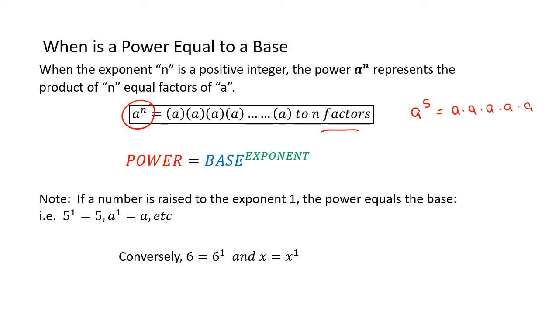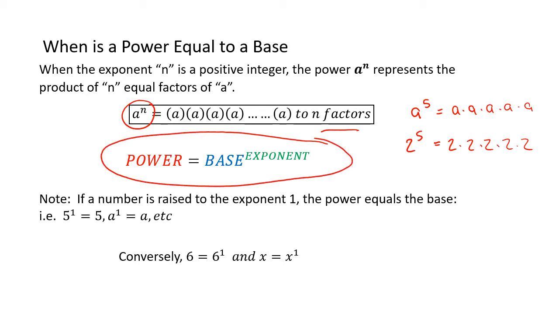And that still follows, like we showed in the previous example. If you had 2 to the exponent 5, instead of having them both as letters, that's 2 times 2, 5 times. So it's important to remember, like we talked about, a power is actually the complete term, which is the base number or the base term to an exponent, to a number or a value in an exponent.